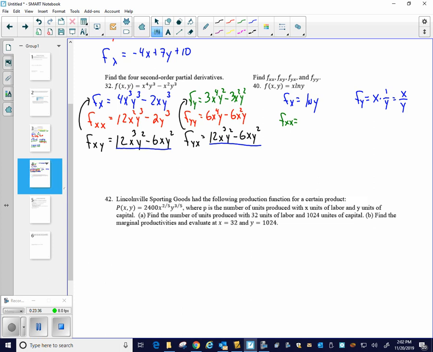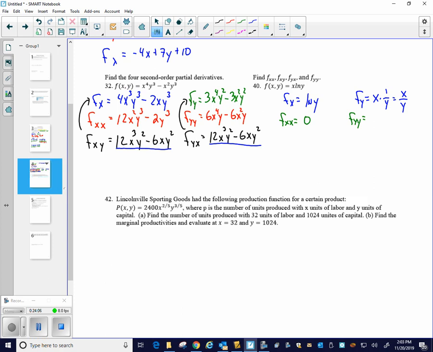That's the easy one. The derivative of f_x with respect to x, again, there's no x's in it, so it's like a constant. The derivative of a constant is 0. That one's actually really nice. The one over here, f_yy, I actually do have something to do because I've got x over y. So really that's basically a quotient, but the top is a constant.